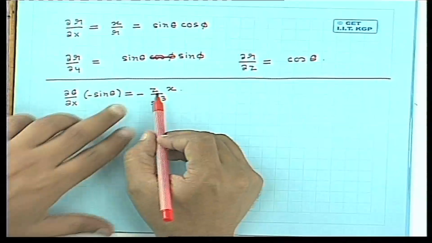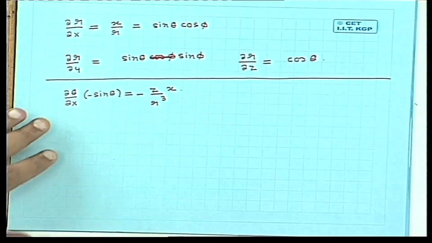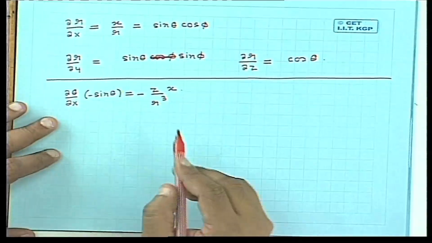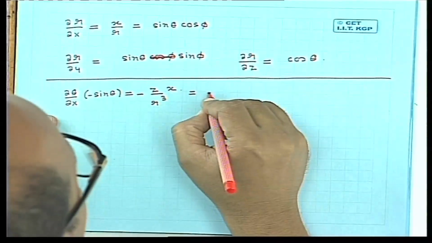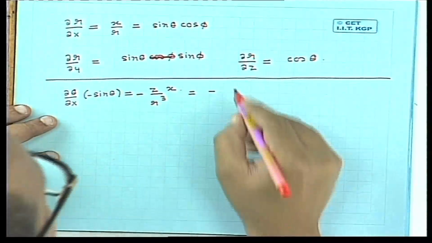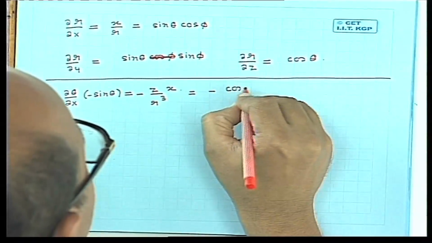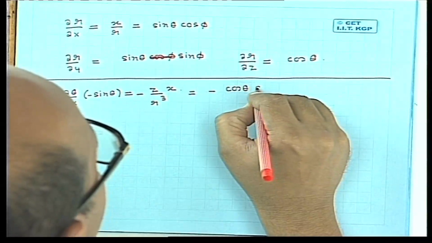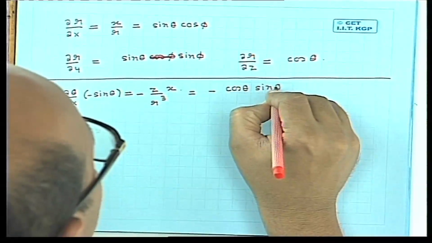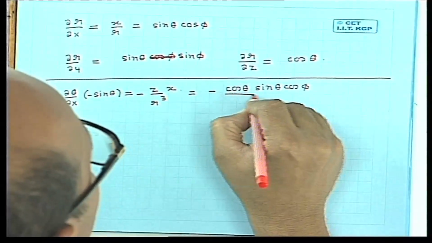When you differentiate the r, you get 1 by r cube into x. So, this is equal to minus, now z we know is cos theta into r. So, one r goes away and x is sin theta cos phi, and only one r remains.